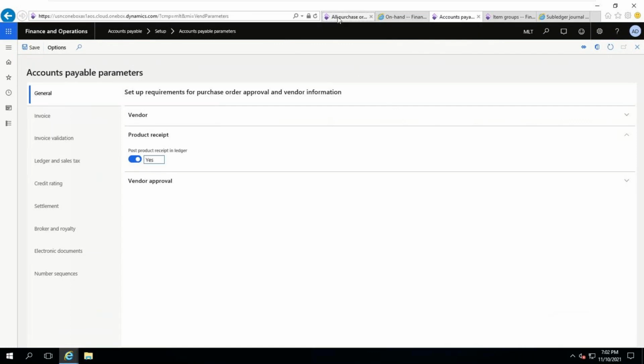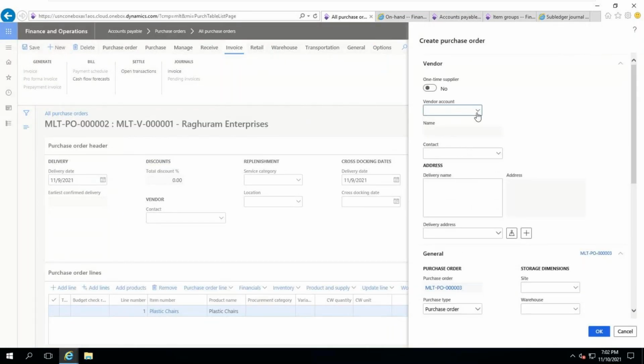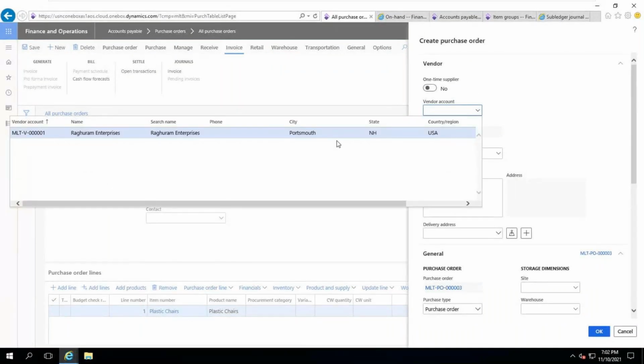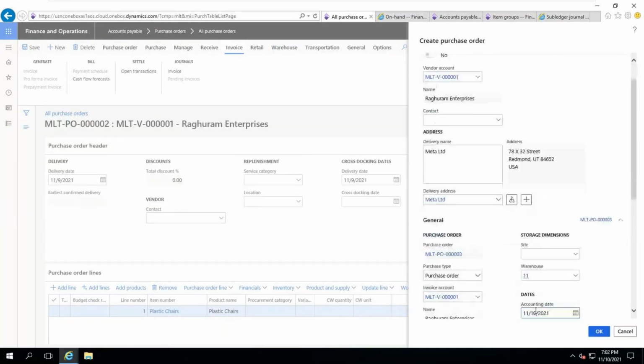Now I am creating a new purchase order. So I am showing you different options. In the real-time scenario, you need to decide at the very first without any mistakes. Select site and warehouse, click OK.